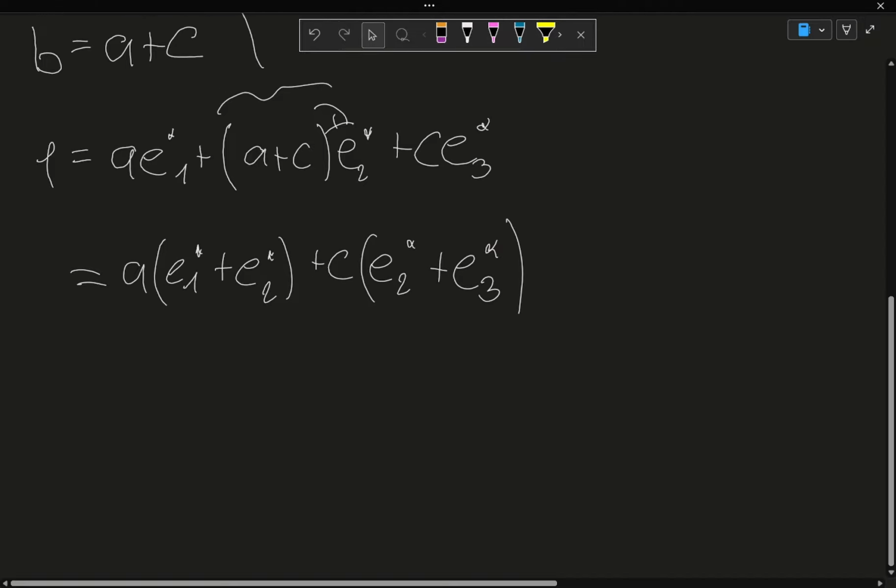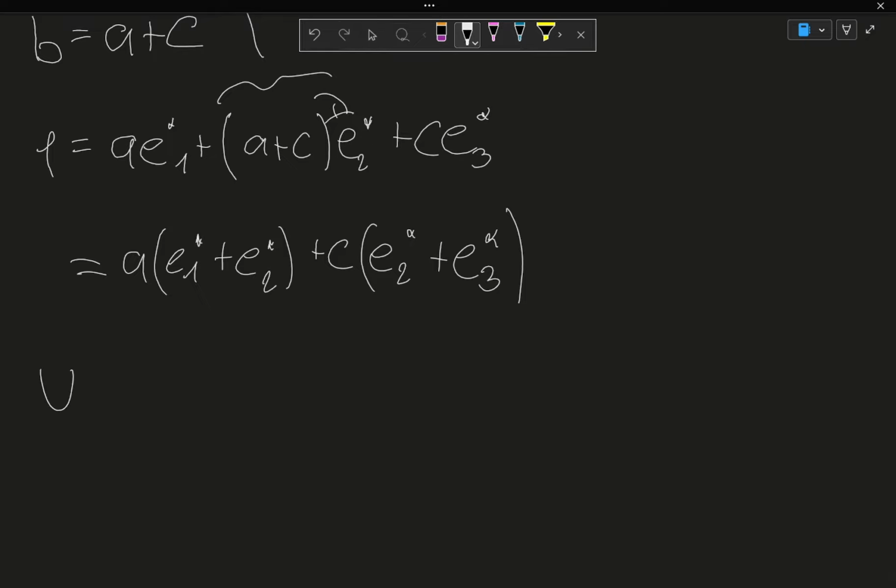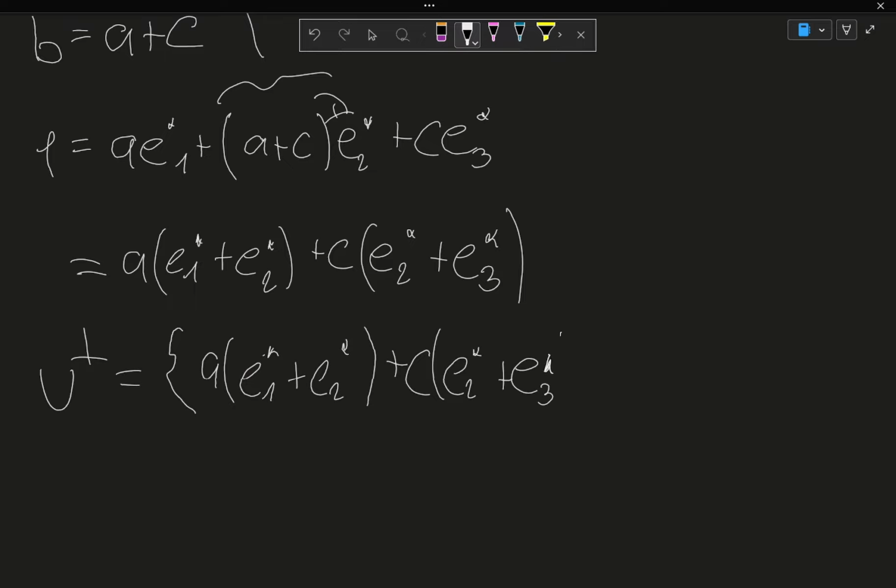Now it's just a question of how you want to write the solution. The first way to write this is as follows: the annihilator is the set of A(e1 star + e2 star) + C(e2 star + e3 star) for A, C in R. That's one way.